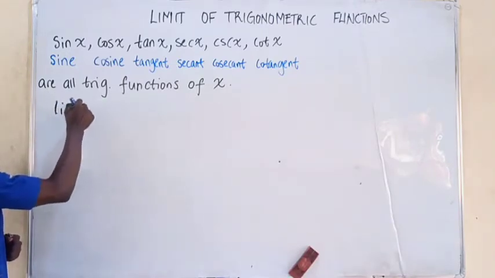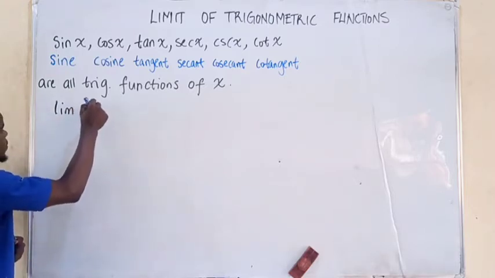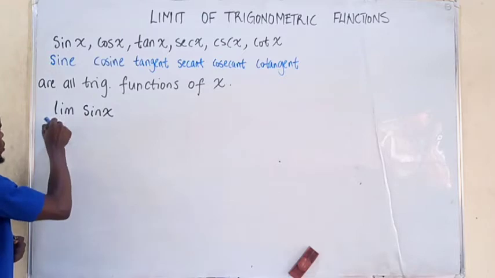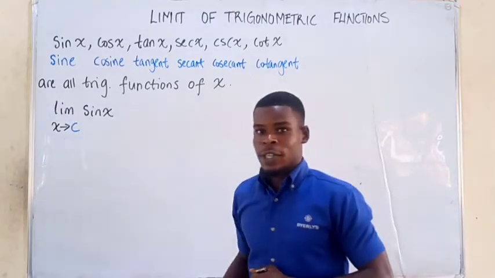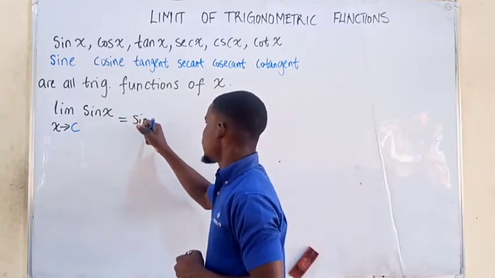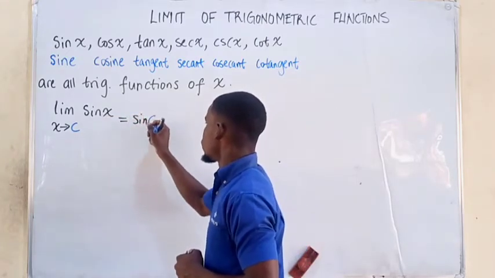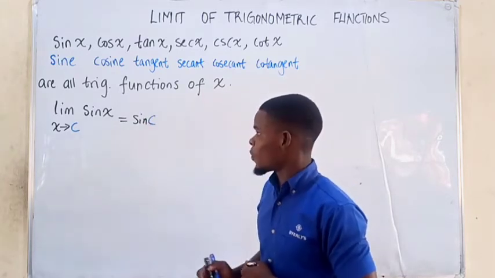So this is the limit. Let's start with the sine function. The limit of sine x as x approaches some real number c. The result here is going to be, just by substitution, sine c. As x approaches something, you just substitute that thing into the position of x in the function.